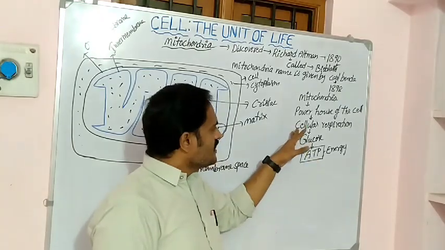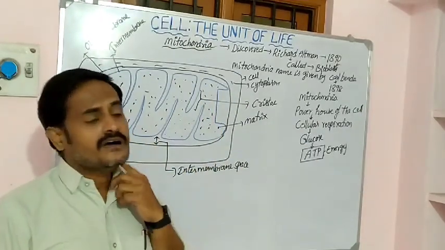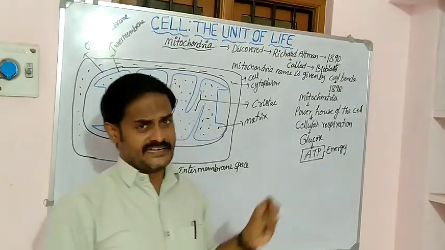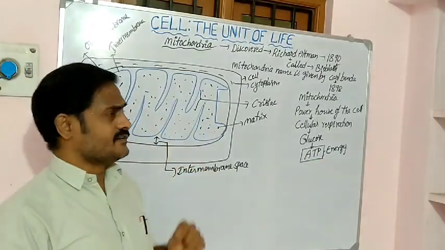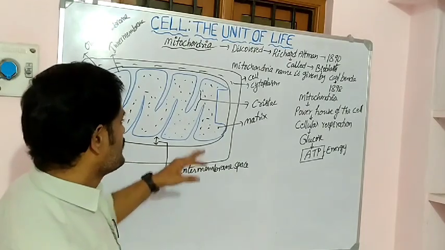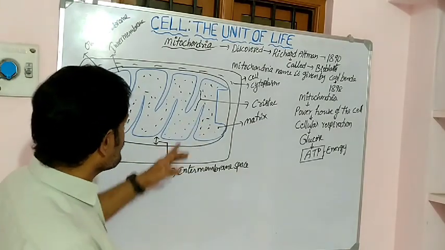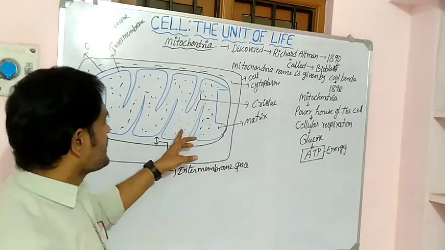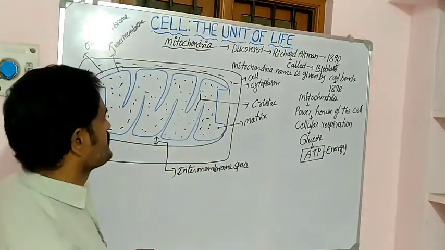So how does the mitochondria prepare energy or ATP? What kind of arrangements are helpful in this? See here, when we observe the inside of the inner membrane, the outside of the inner membrane is also important.